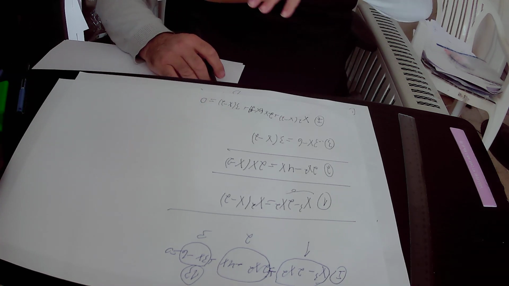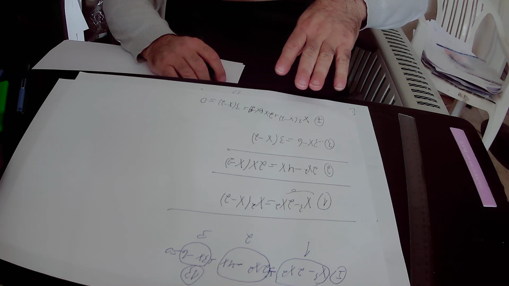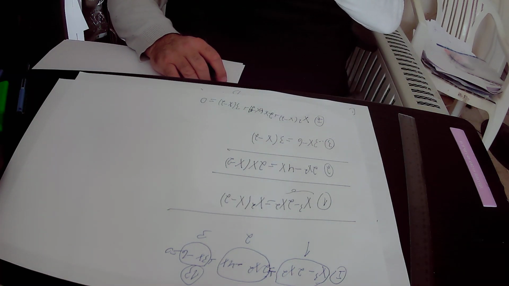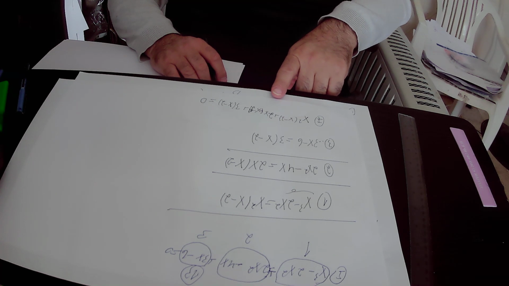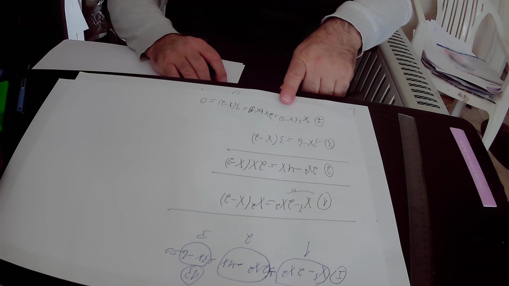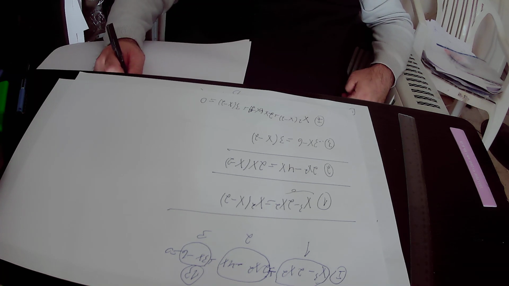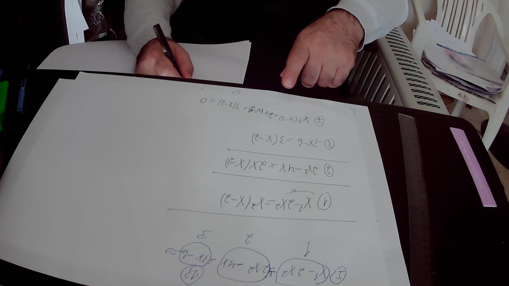Okay, this equation number 1 is identical to this expression. So we will take a common factor of x minus 2 from this equation, and we will get that x minus 2 is a common factor.